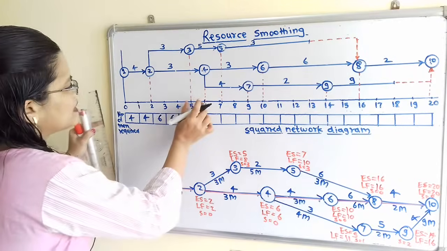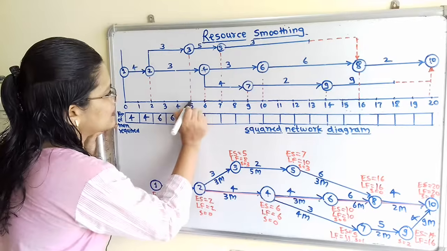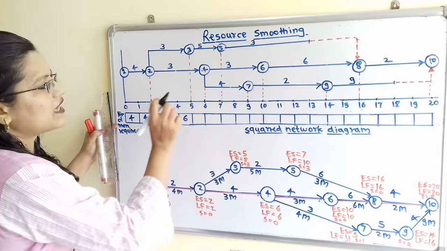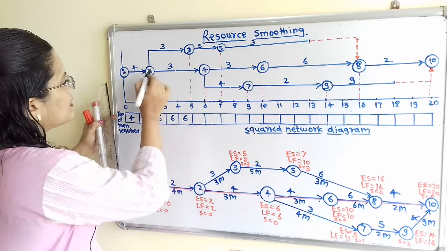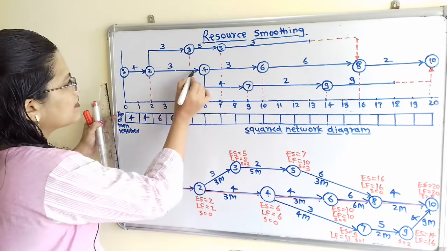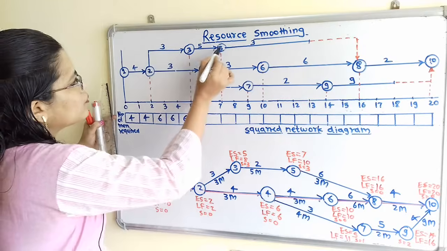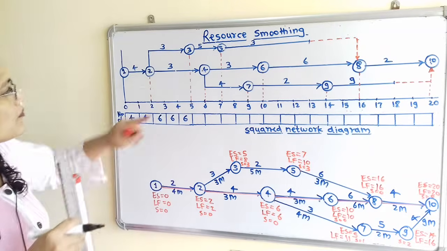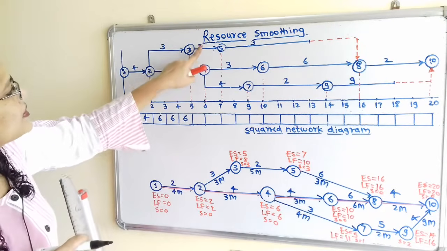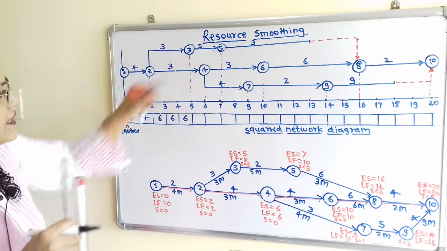Now we will move on next for the duration of 5 to 6. So for this 5 to 6, how to understand? So here this activity 2 to 3 is there, and during 5 to 6 there is activity 3 to 5 is also there. So how many number of mains? Here is 5 and here is 3, that is 8.